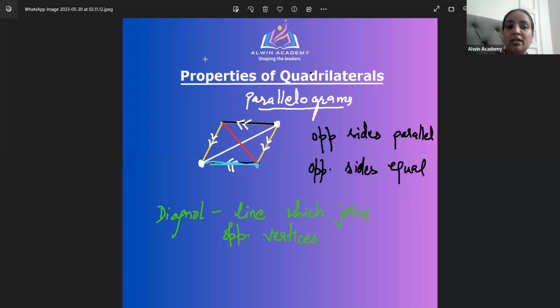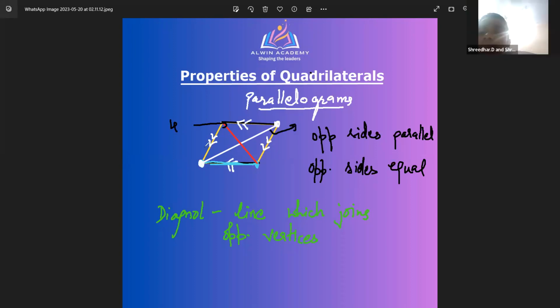Now, beta ji, clearly observe that in a parallelogram, both the diagonals, they are not equal. If this red one is 4, this one is a little longer one. Can't you see that clearly this red one is a little smaller than this red-white one? Yes, ma'am. So if this is 4, this can be anything, 4.5, 4.8, 4.2, whatever, but this will be slightly longer than this.